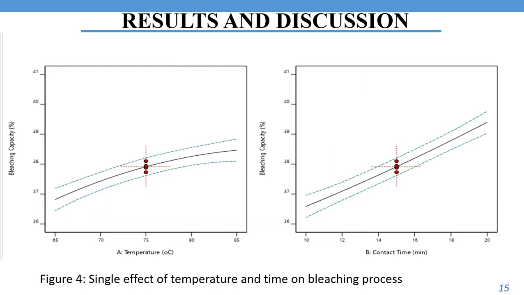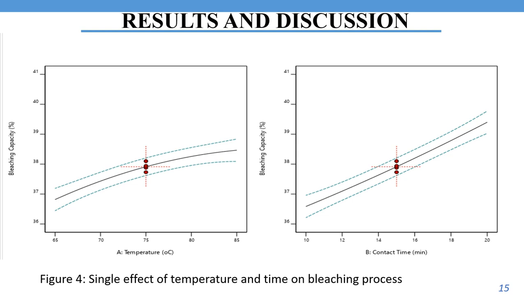This figure shows the single effect of temperature and time on the bleaching process on cottonseed oil. It was observed that as temperature increased from 65 to 85 at contact time of 10 minutes on the bleaching process on cottonseed oil by acid-activated Ashaka clay, the bleaching capacity increased from 36.8 to 38.2.